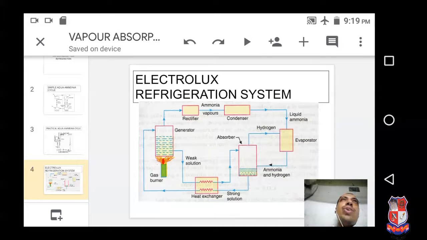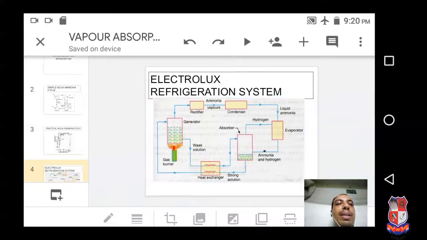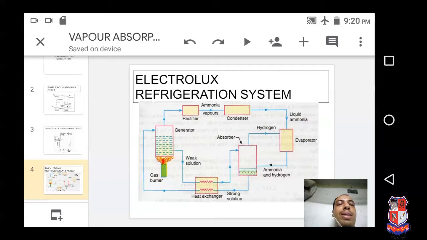So it cannot evaporate easily inside the evaporator because its pressure and temperature are high. So first of all, liquid ammonia enters the evaporator, and from the other side hydrogen is mixed with it. Hydrogen works like a catalyst, so it increases the rate of evaporation of the ammonia inside the evaporator. So the cooling effect, or refrigeration effect, is generated in the evaporator.